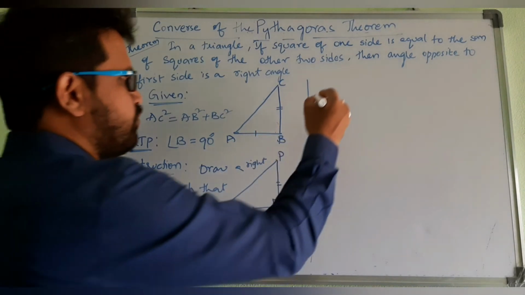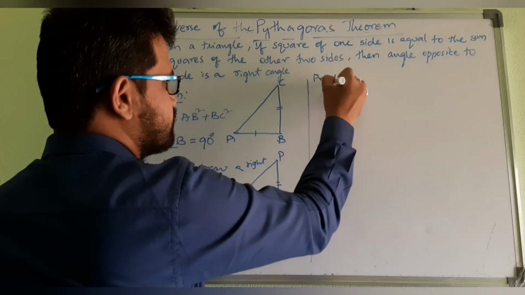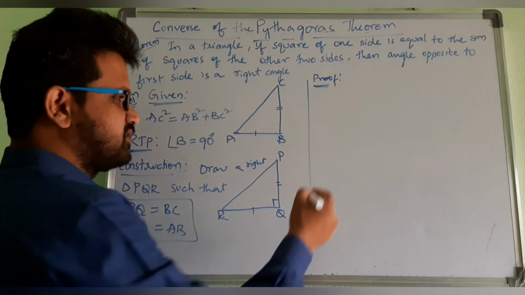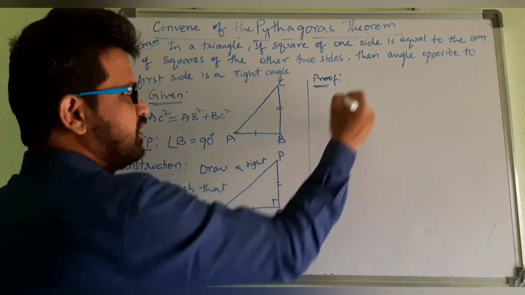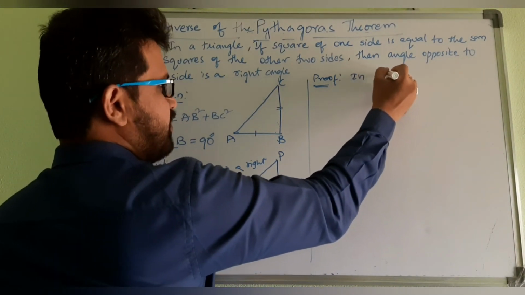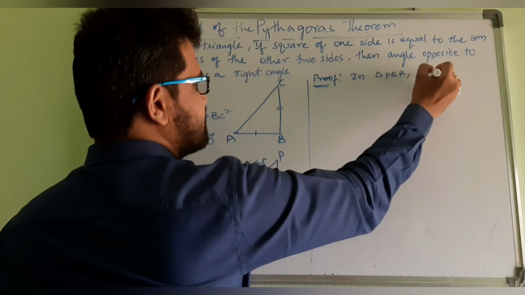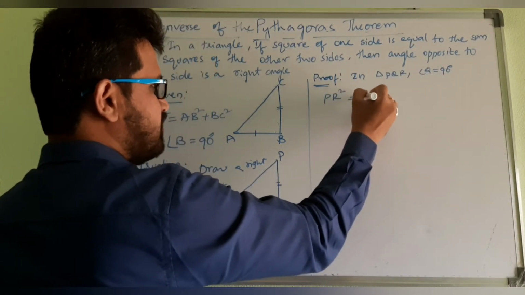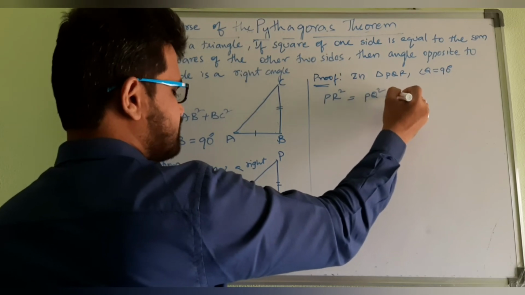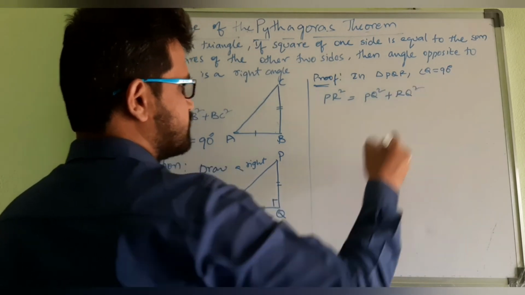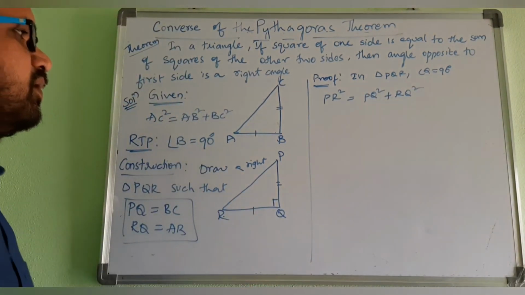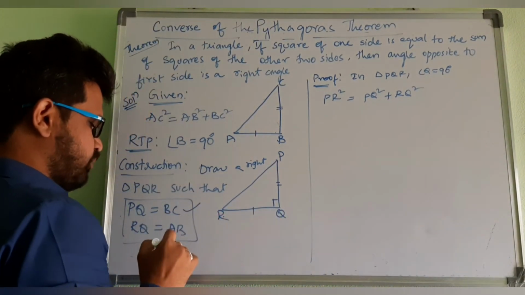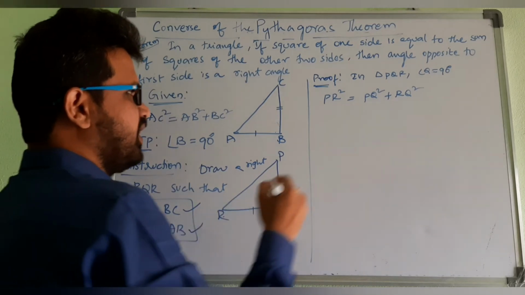So now how to prove? This is a right angle triangle, so we can apply the Pythagoras theorem. In triangle PQR, angle Q is 90 degrees, so we can write PR square is equal to PQ square plus RQ square. But we know that PQ is equal to BC and RQ is equal to AB.